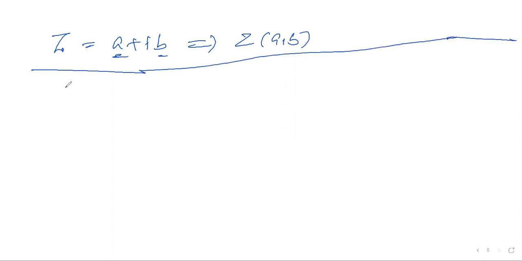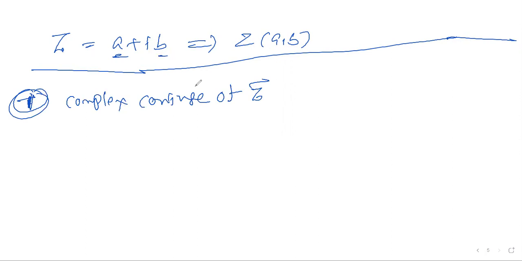Next, the complex conjugate number. Note point number one. The complex conjugate of Z is Z bar.